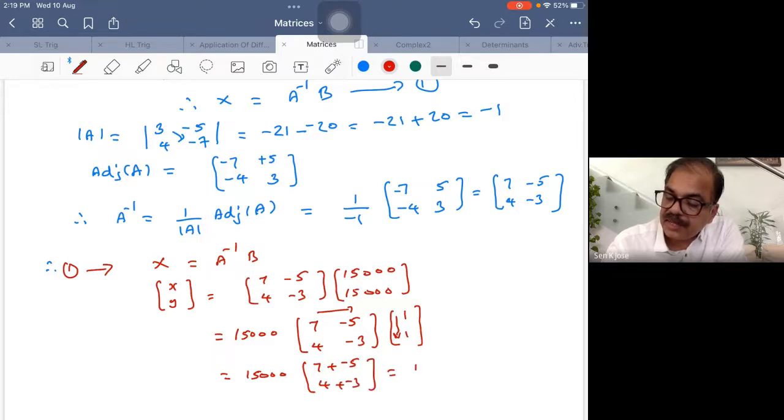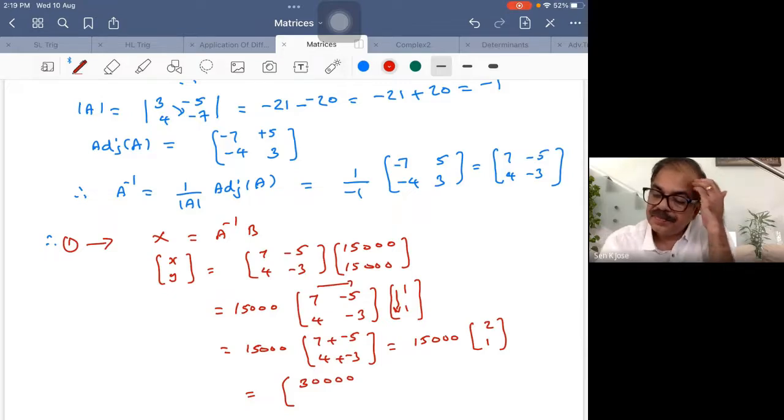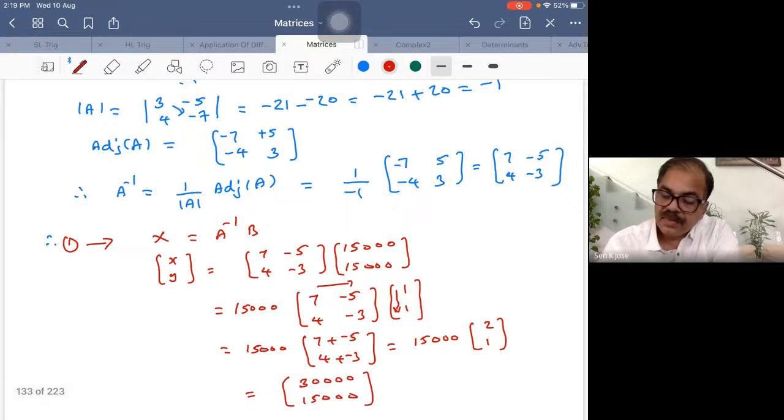So that will give me 15,000 into [2; 1], which is 30,000 and 15,000. Therefore, x is 30,000 and y is 15,000.